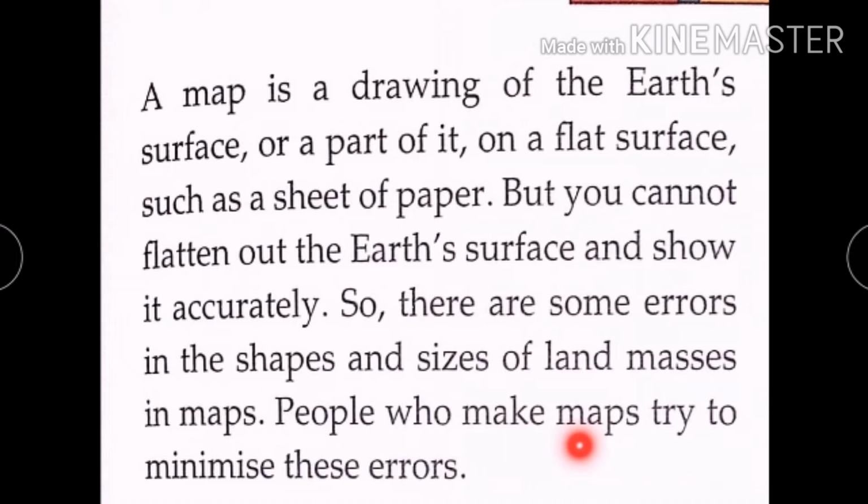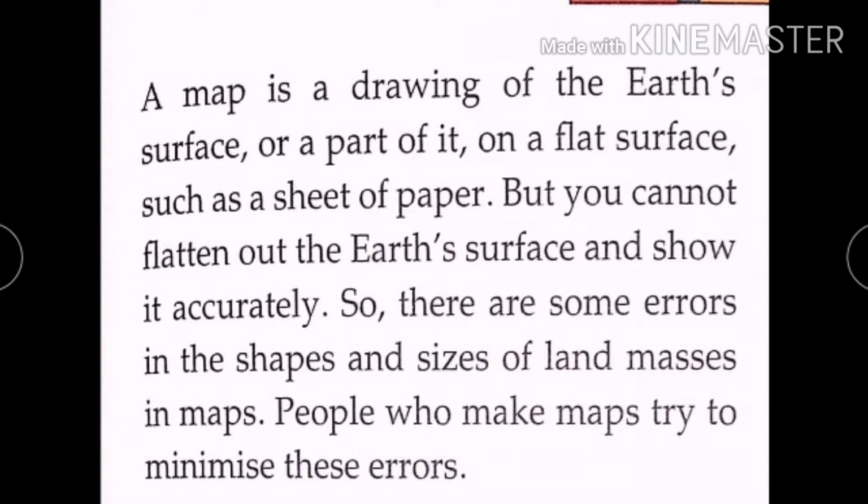People who make maps try to minimize these errors. So students, a map is nothing but a drawing of our earth's surface on a flat piece of paper. It can be a drawing of the full earth or a part of it, say a continent, a country, or a city.